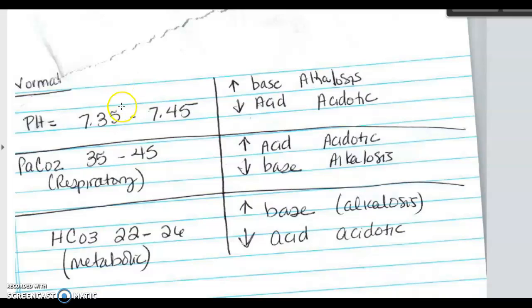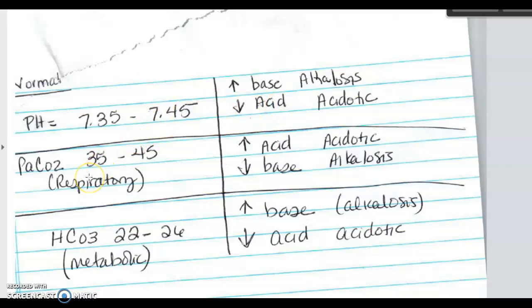If you have a pH that falls below 7.35, anything below normal is acid, meaning they're acidotic. Anything above 7.45 means it's a base. It's alkalotic, or alkalosis. So it's a base if it's high, but if it's low, it's an acid.